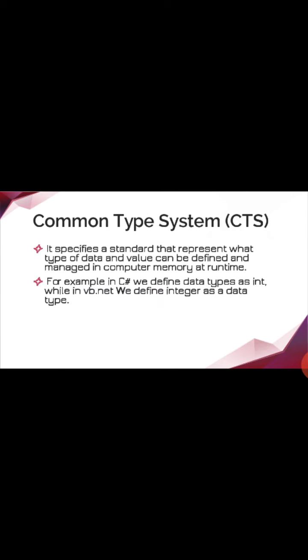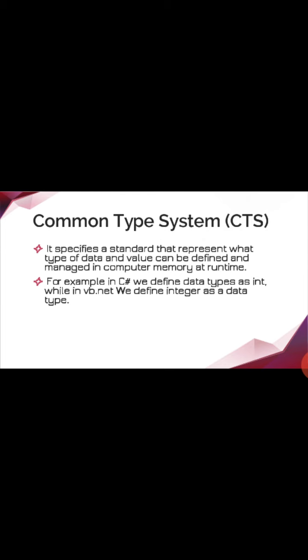CTS, Common Type System. It specifies a standard that represents what type of data and value can be defined and managed in computer memory at runtime. In CTS, there are two types, value and reference.